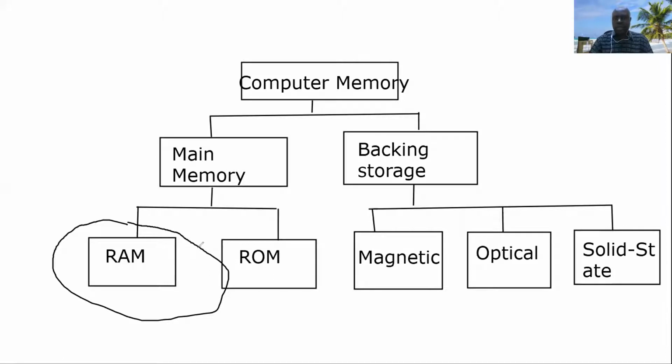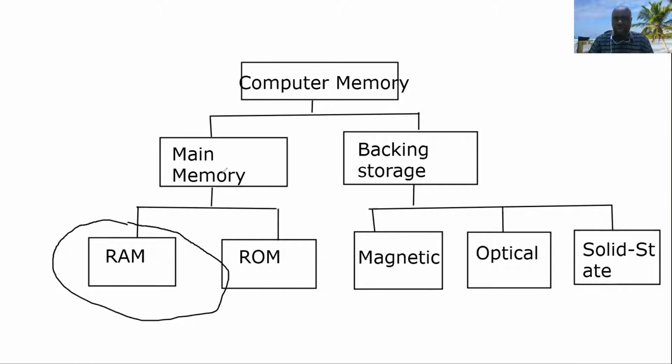But when you need to have data which will be available for future use, you need to save it to a backing storage device. Not only that, main memory uses very expensive technology.